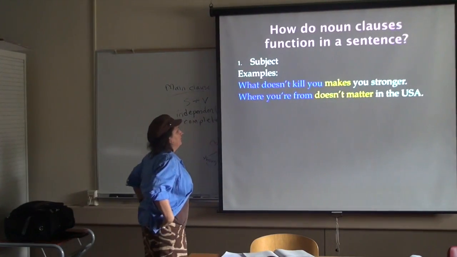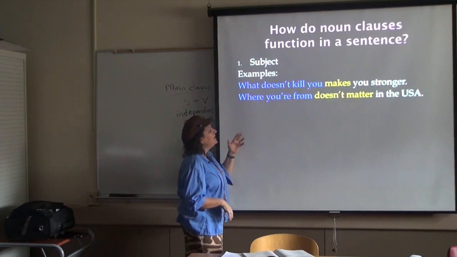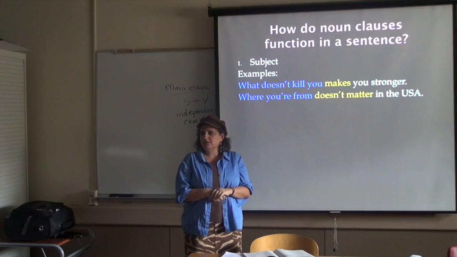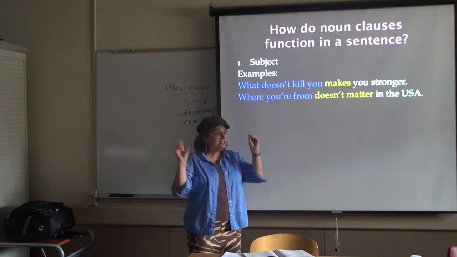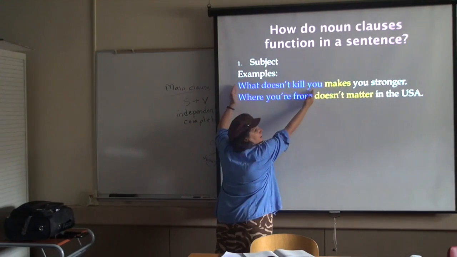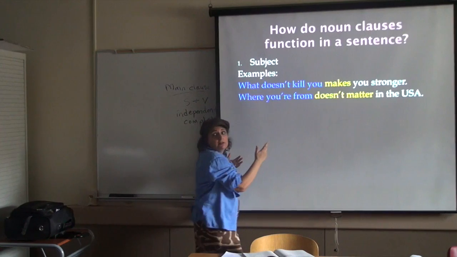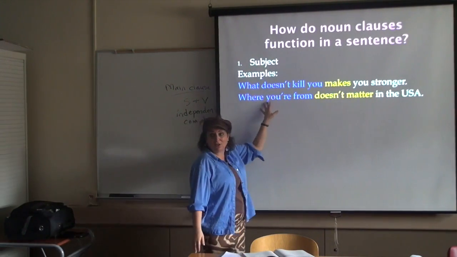Now look, if I asked you what's the subject of this sentence, what are you going to say? A noun clause? The whole clause, where you're from. That's the subject of the sentence. But now let's just look at the clause. The clause also has a subject. You are the subject of the clause.